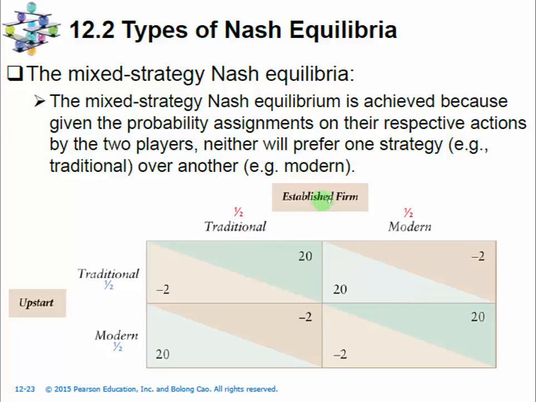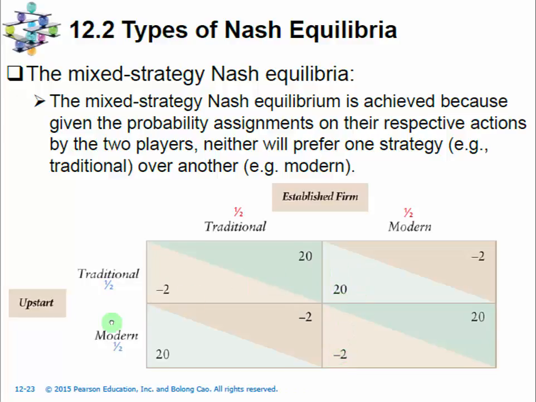So obviously, playing modern will be the best response to the upstart's mixed strategy of playing modern with 3/4 probability. And then the upstart realizes that the established firm will prefer to play modern. What it should do is to play the traditional. That gives the upstart this 20 instead of this -2.